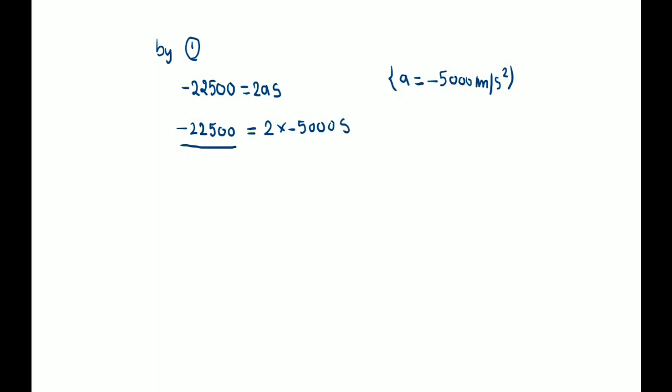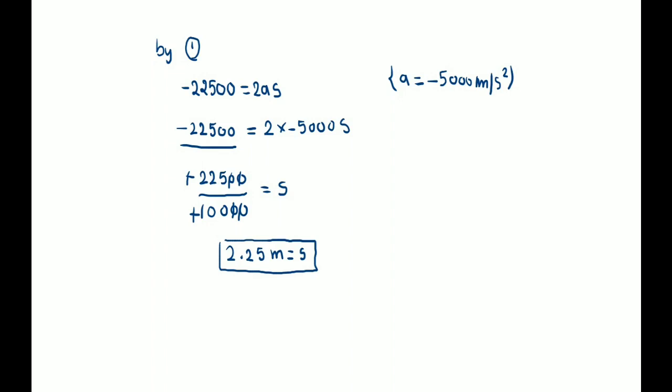Let me correct. Now 2 into 5 will become 10,000. These 10,000 we transpose to the other side, and s is only left. Cancelling out 2 zeros and solving 225 divided by 100, that gives us 2.25 meter, because the standard unit of distance is meter. So we have found the distance traveled by the bullet in the wooden block.